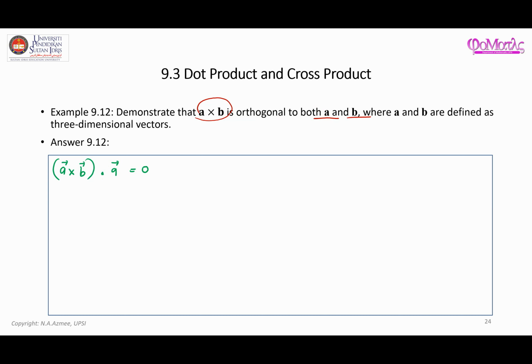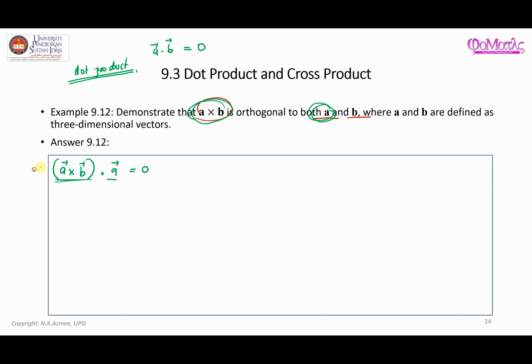Well, this is what you have already seen when you talk about dot product. In the previous video, we talked about dot product, and we can show that if vector A and vector B are orthogonal, the result is going to be 0. So this one is a vector, this is also a vector, so you can show that this is orthogonal to this by having a result here that becomes 0.